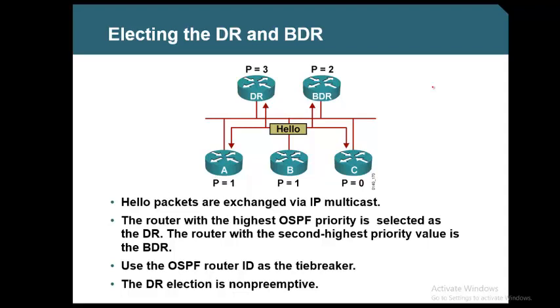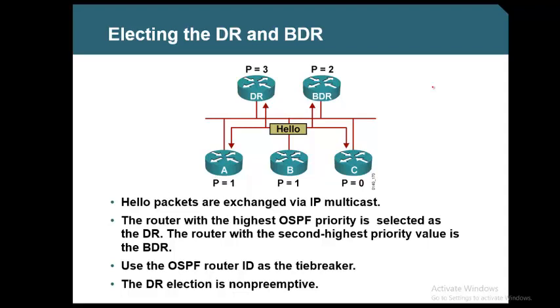Likewise, between the BDR and all other routers, there will be full adjacency. If the priority is a tie, the tiebreaker is the router ID. The biggest router ID wins. This last point is somewhat important.